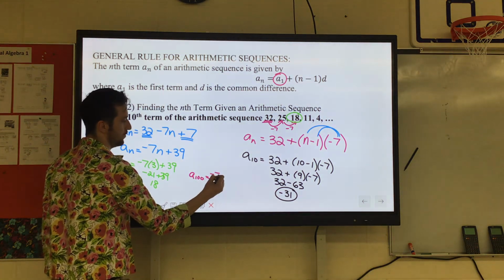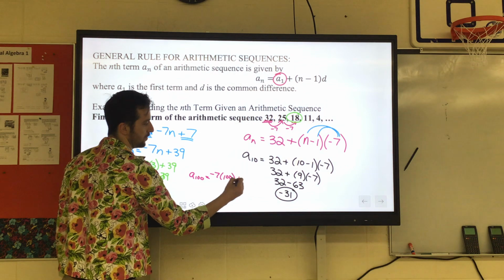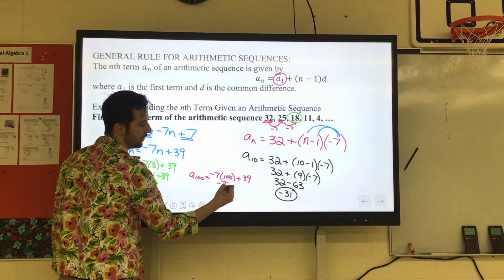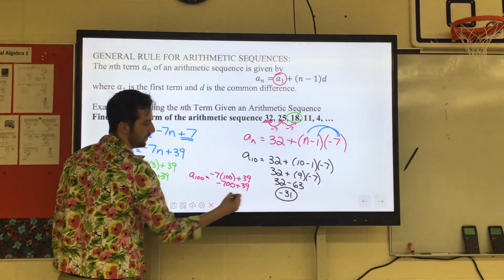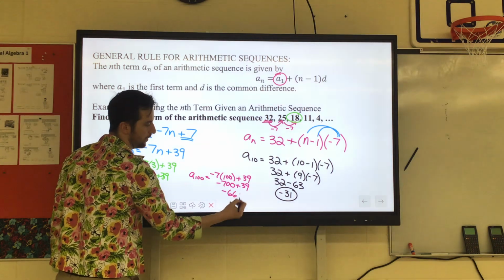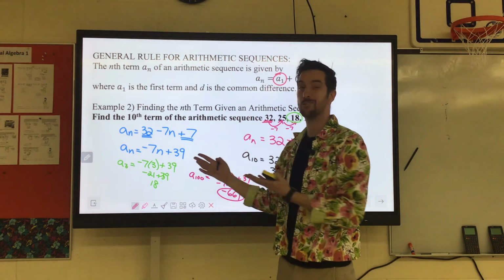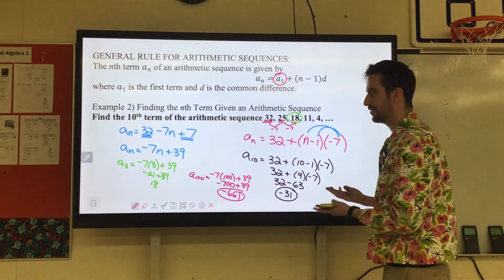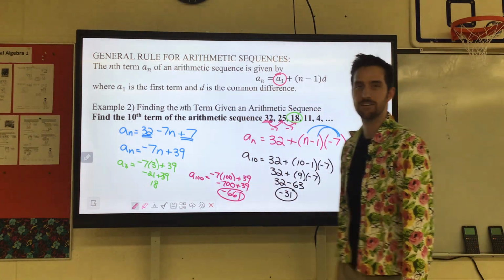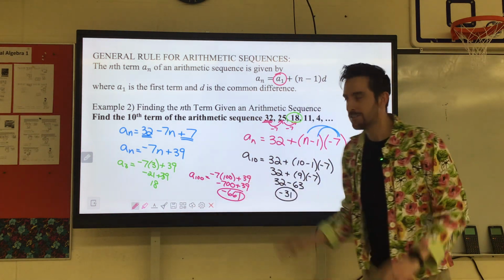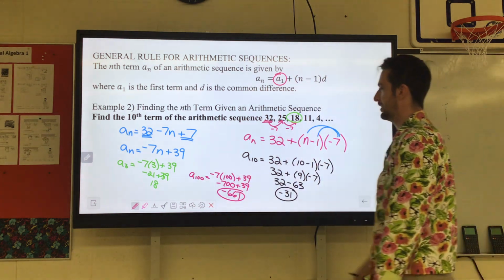So you could do negative 7 times 100 plus 39. Negative 700 plus 39 is negative 661. So if you have to find multiples, that's a nice little trick to know. But it'll still work here. What's it going to take you, 30 seconds longer? I don't know. It just gives you a couple options here for you.